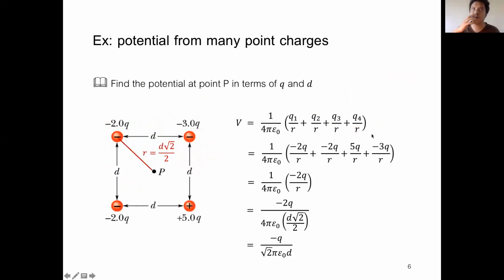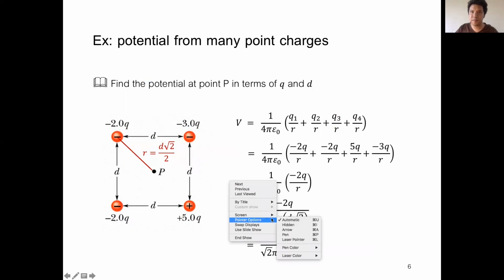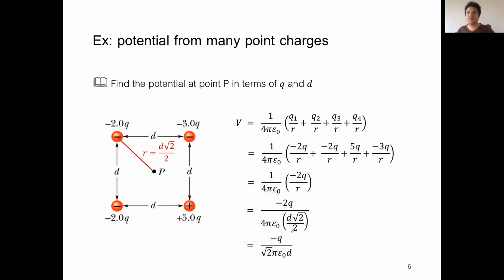Let's have a look at an example. In this example, we are considering a system of 4 charges, and we want to find the potential at the point P at the center of the square.